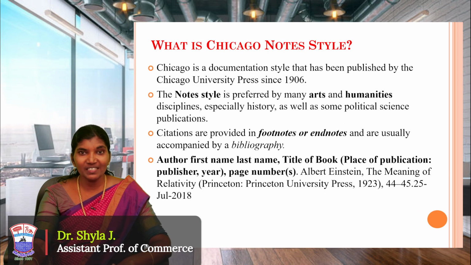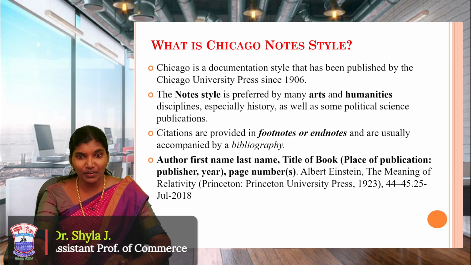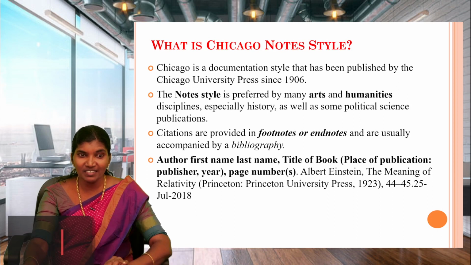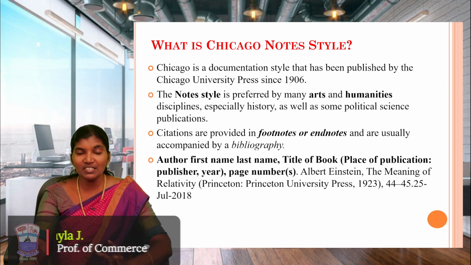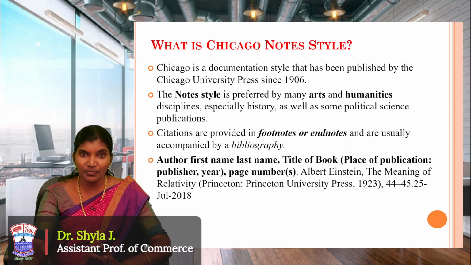Another third important citation style is Chicago note style. This is issued by the Chicago University since 1906. This note style is preferred by many arts and humanities disciplines, especially history, as well as some political science publications. So if your research is related to history or political science, you can apply this Chicago citation style.